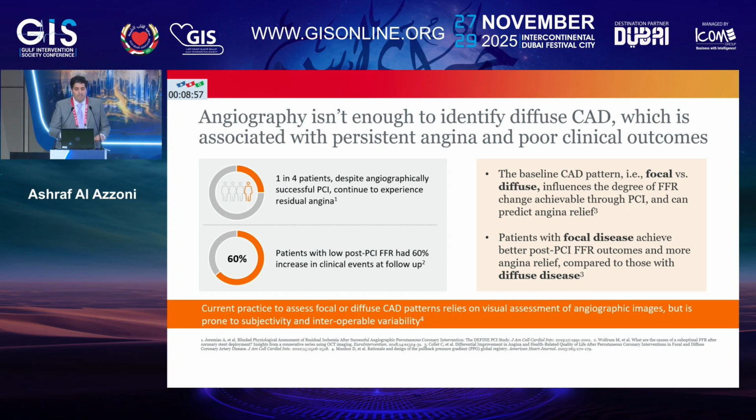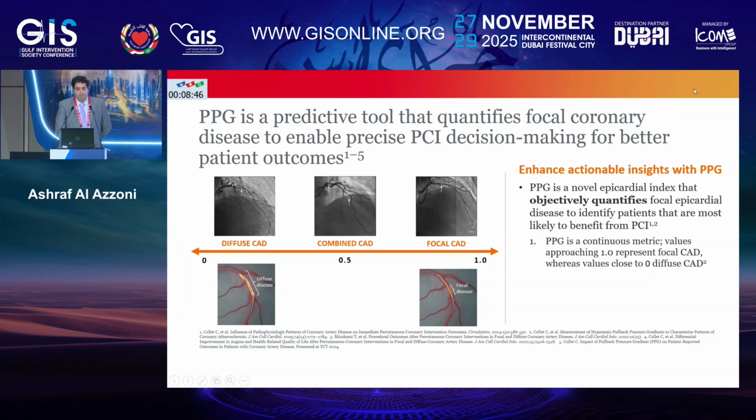And all the studies show that if the lesion is already diffuse, PCI does not work as well as other interventions that sometimes include surgery. So it is very important to try to identify which lesion is more focal versus which is more diffuse, so it helps you make the decision regarding whether to do PCI or not for that lesion.